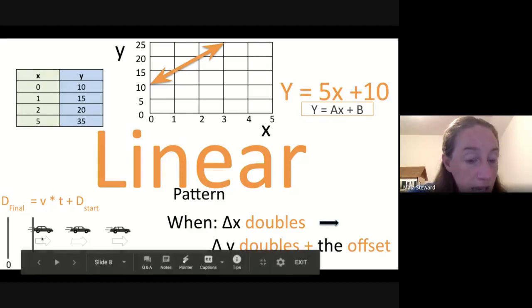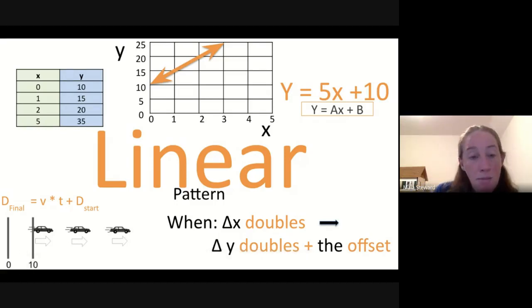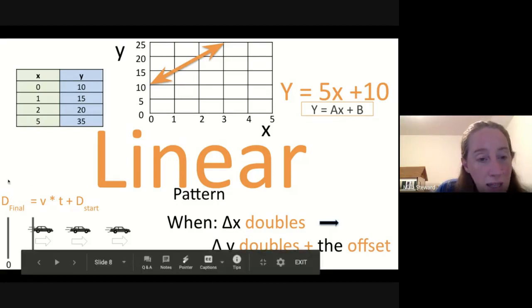So looking at this down here, I've got a car. It started 10 miles out, and now it's going at a constant speed times time plus the distance I've already gone. And so I think that this equation is the easiest to read.